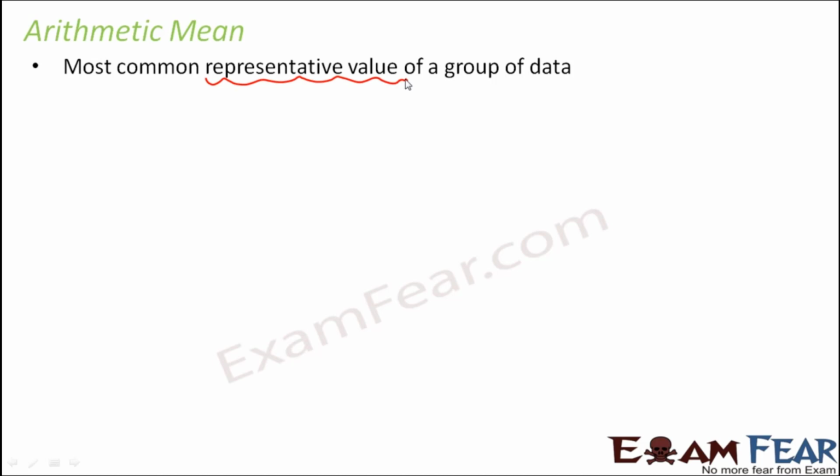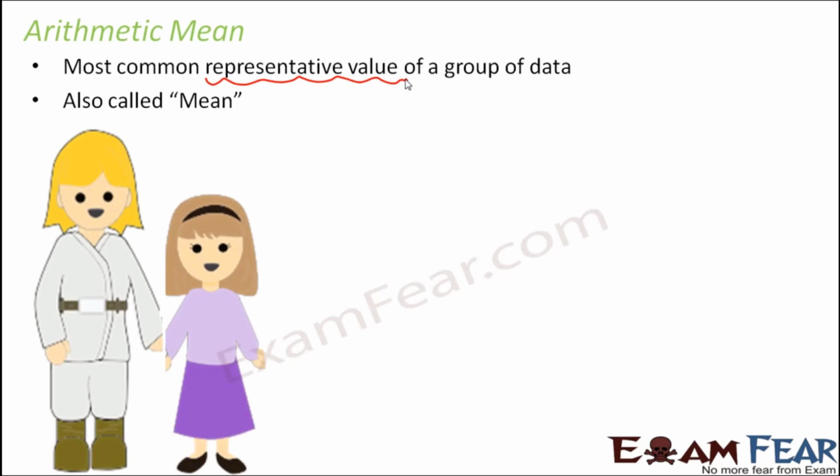For example, when you say that the average score is 70, it actually gives you a lot of information about the scores of the students of that class. At the same time, 70 is just one single number which represents that entire group of data. So it is easy to represent as well. It is also called the mean. Arithmetic mean or mean, they actually are the same thing.